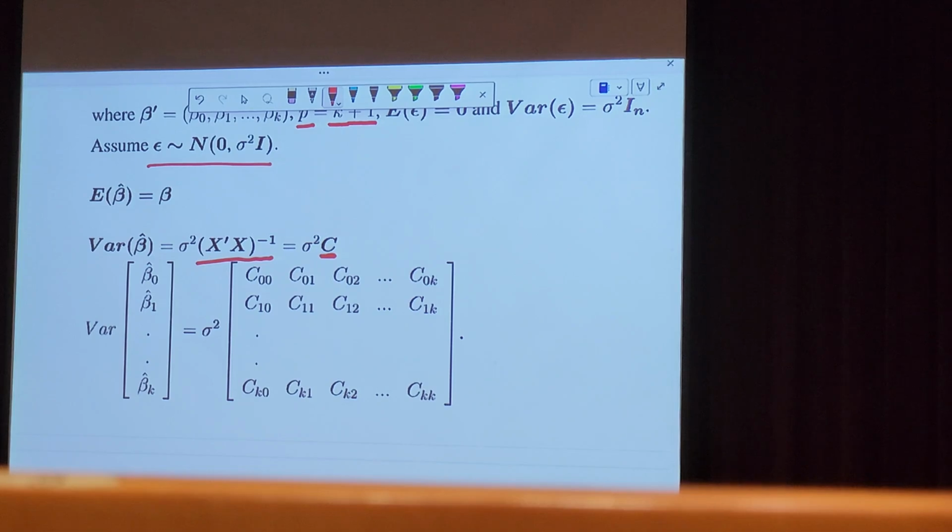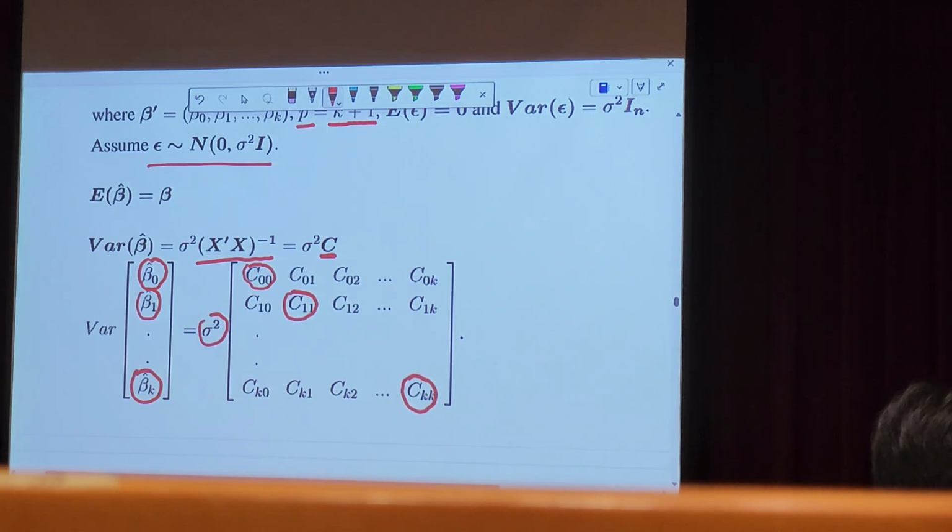So this is the variance of beta naught hat, and this is the variance of beta 1 hat, multiplied by sigma square, of course. So sigma square times Ckk is the variance of beta k hat. And the off-diagonal elements are covariances. So this is the covariance of beta naught hat and beta 1 hat.